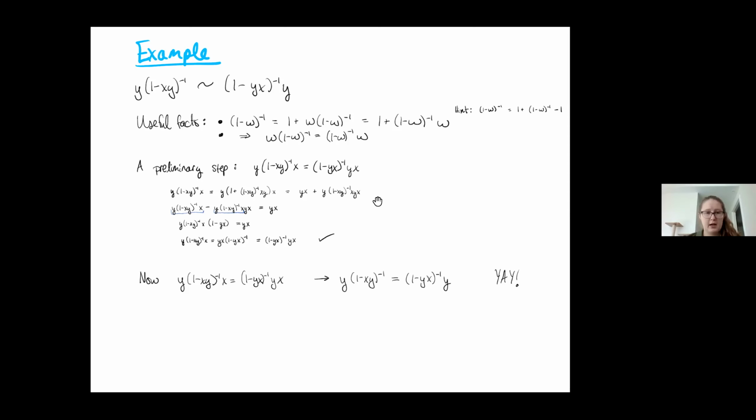I'll make these notes available, but basically what you're going to do is apply our handy dandy fact here to make this inverse look a little bit nicer. Then you can multiply your y through it, subtract some stuff over, and then factor as appropriate.